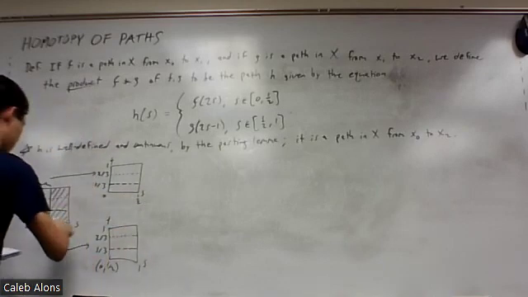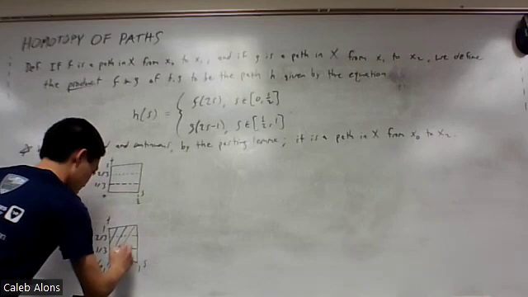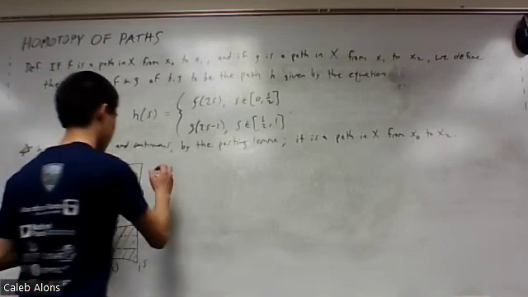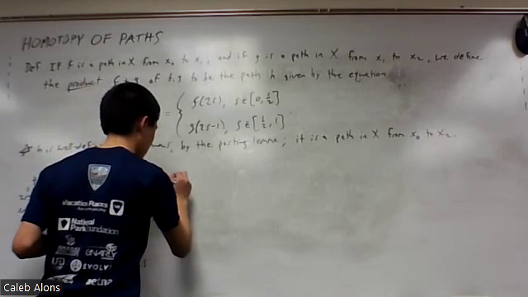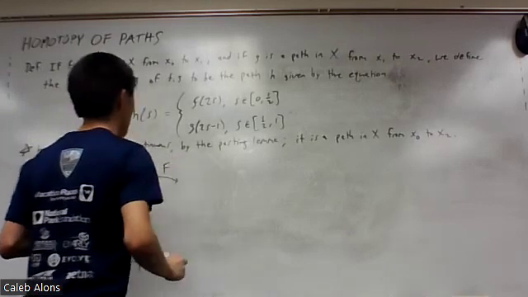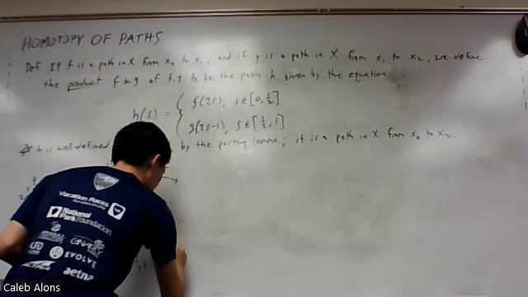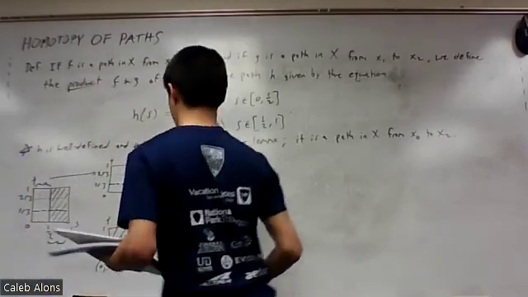This is the shaded. Okay, so under F, this is where we're gonna have our path homotopy, and then another path homotopy.